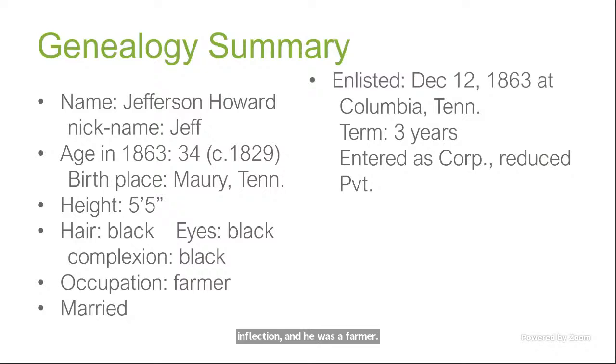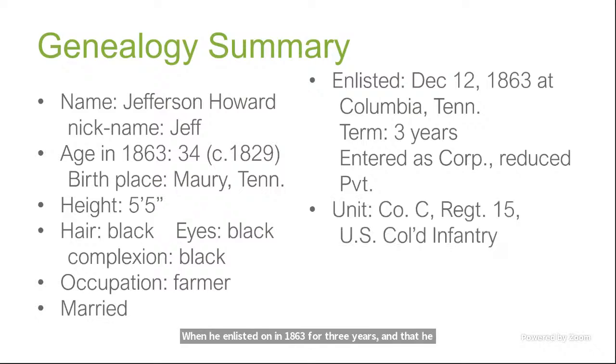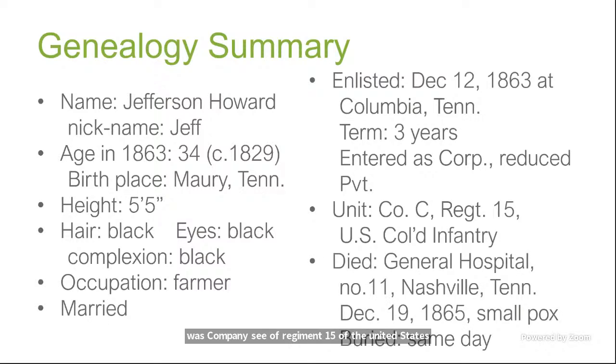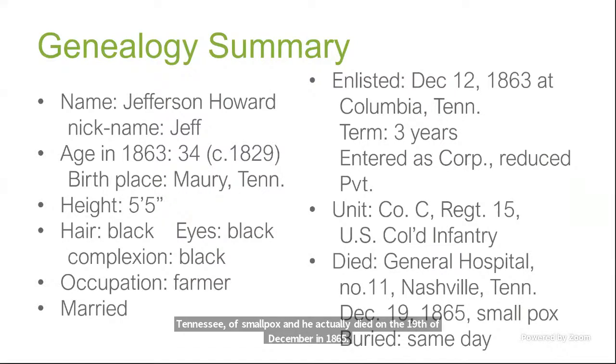He enlisted in 1863 for 3 years, and he was a corporal reduced to a private. His unit was Company C of Regiment 15 of the United States Colored Infantry. He died in General Hospital number 11 in Nashville, Tennessee of smallpox, and he actually died on the 19th of December in 1865. So that is a lot of information just from a service record.